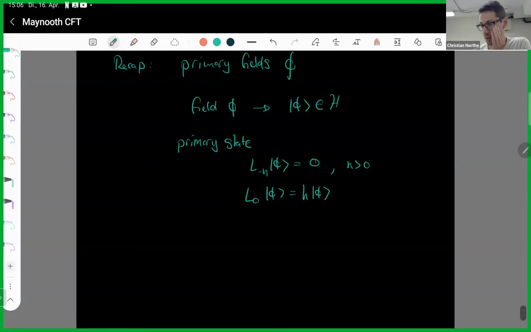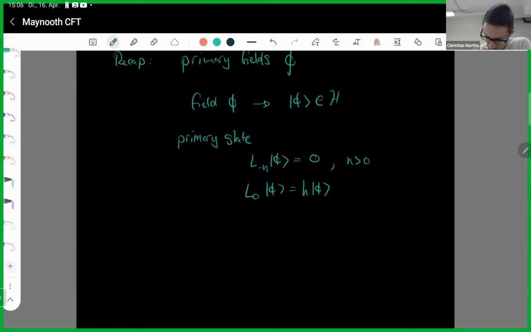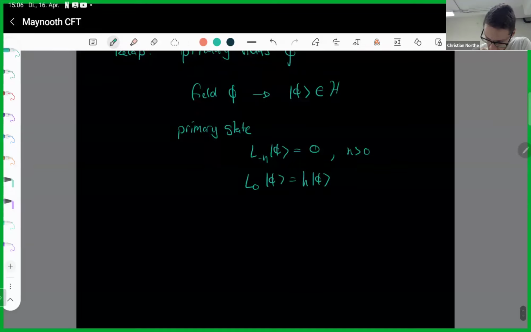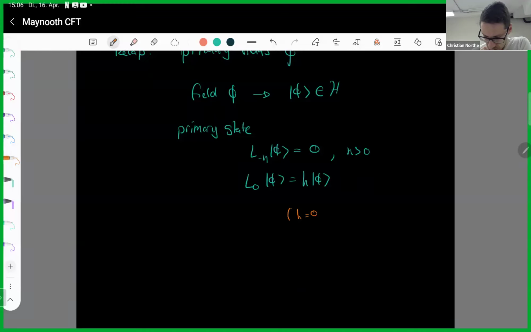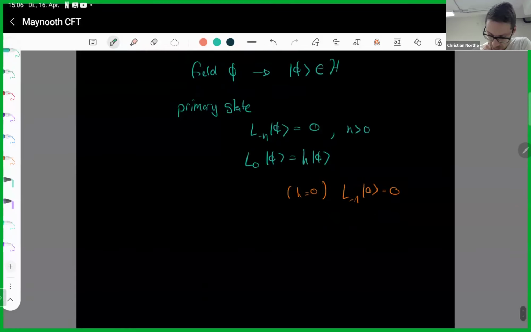This is just the holomorphic sector. As a reminder, for the vacuum, when h is zero, we also have L minus 1 acting on it giving 0. And obviously for h equal to 0, also this one here is 0. So that was just an example.